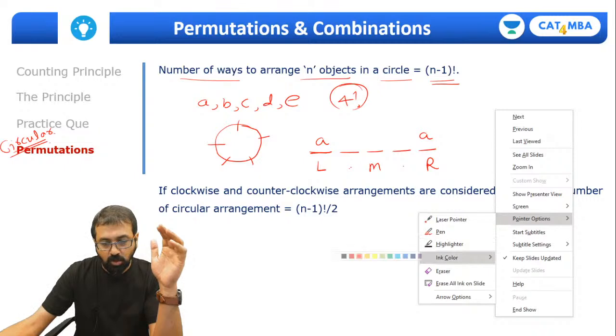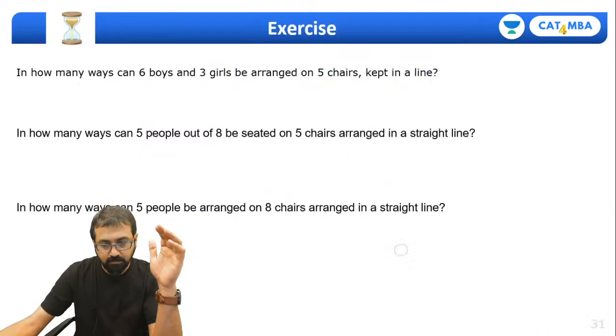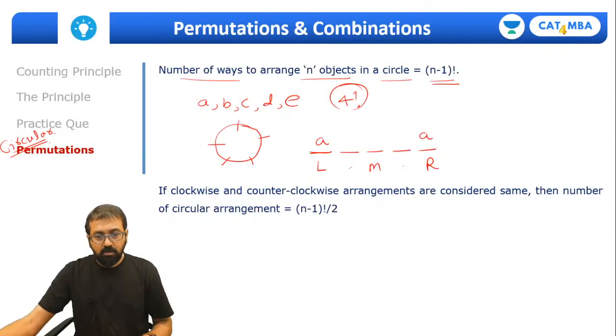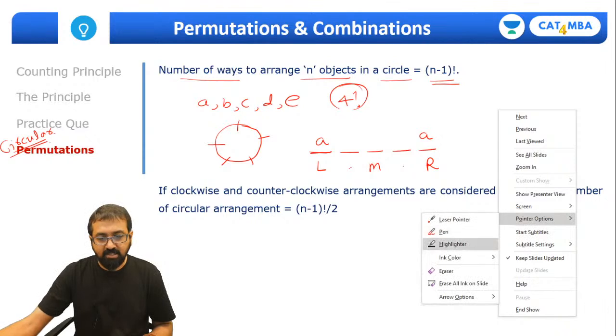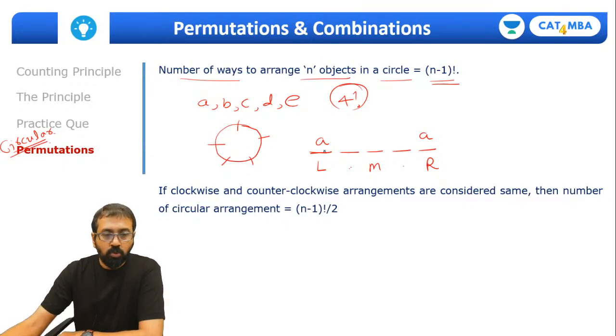But in the case of circular arrangement, that's not the case. So let's quickly understand that part. Here A is on the left chair, here A is on the right chair.